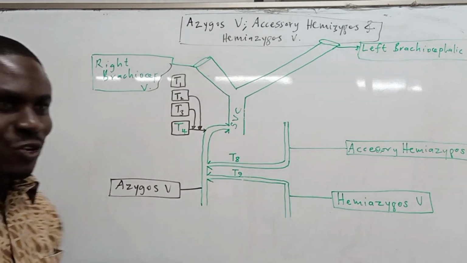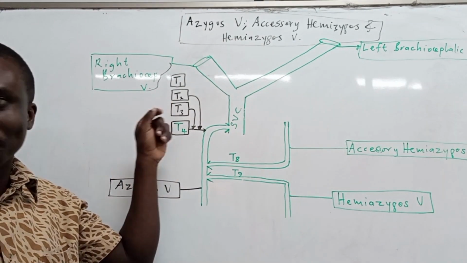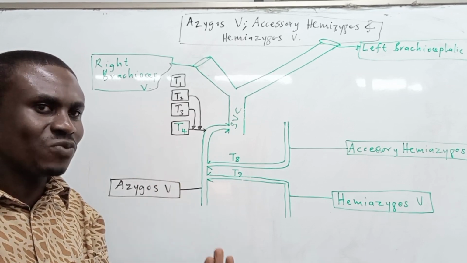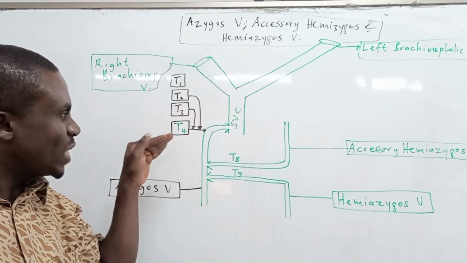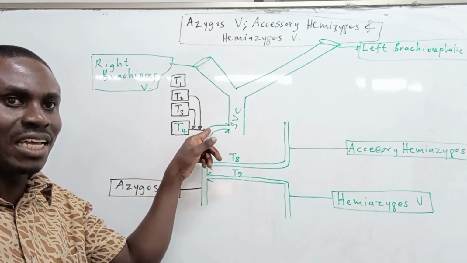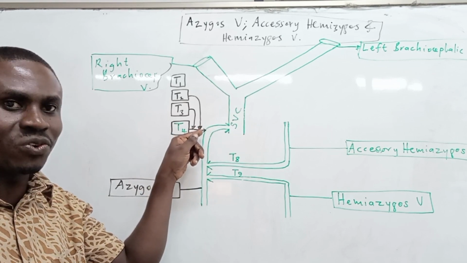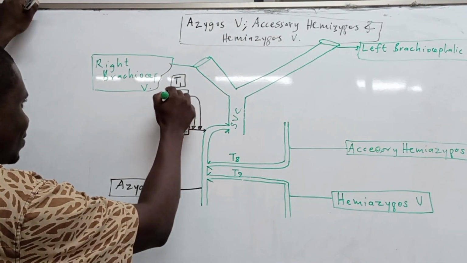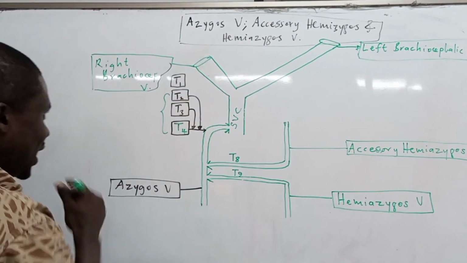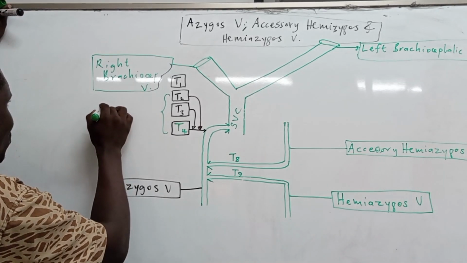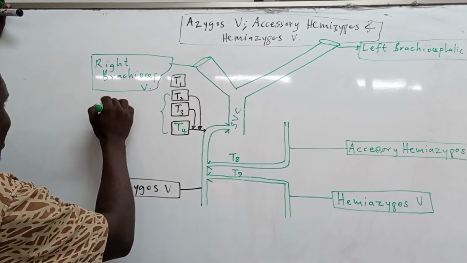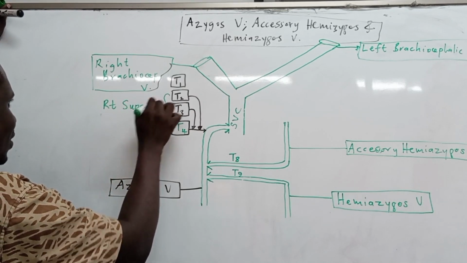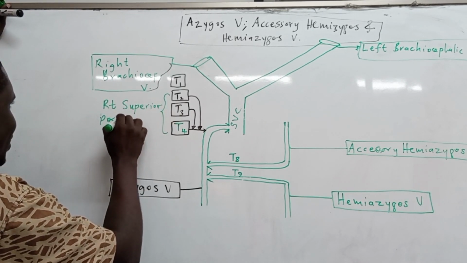Okay, now look at it. So it means the second, the third, and then the fourth right posterior intercostal veins are uniting and draining into a common vein, which goes into the Azygos vein over here at the level of the T4. Okay, so all these three together, there's a name that we give to it, and that is something we call the right superior posterior intercostal vein.